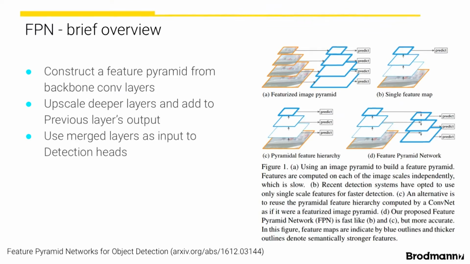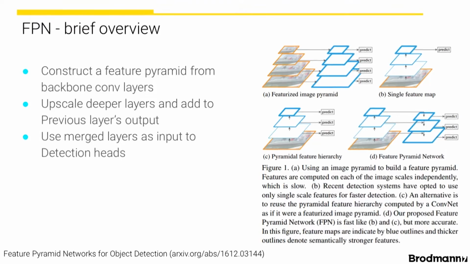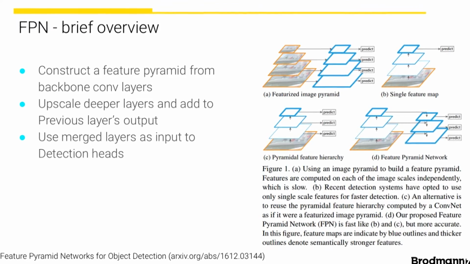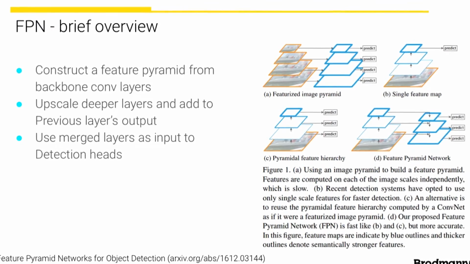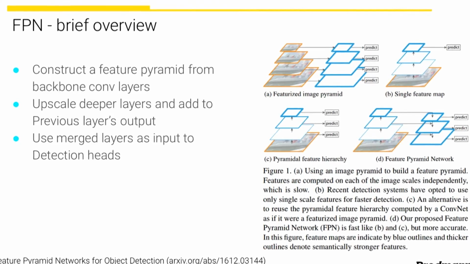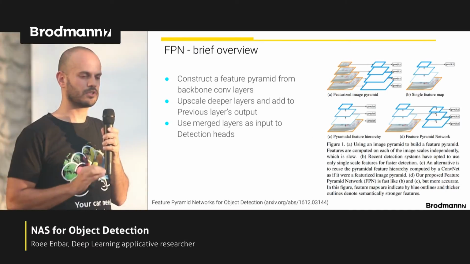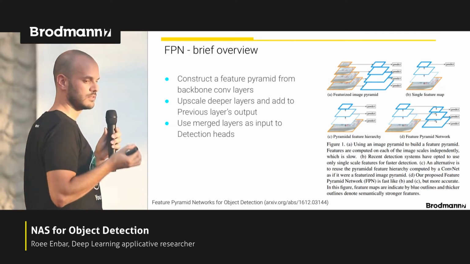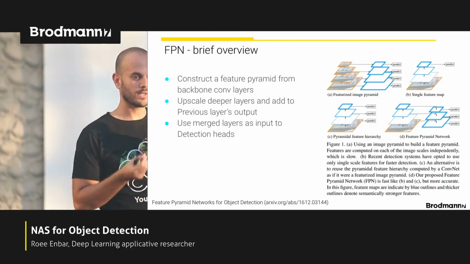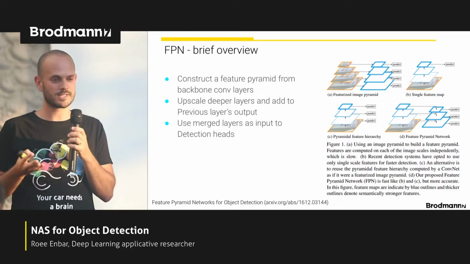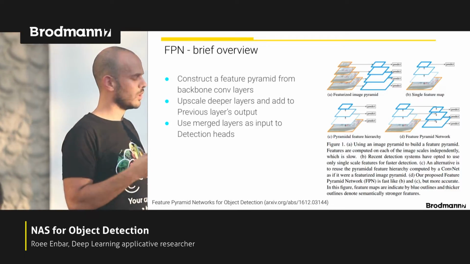What the feature pyramid network guys say is, OK, we need to enjoy the best of both worlds. We want both spatially good resolution for our features and semantically strong features. So what they devised is a way to merge all the layers.